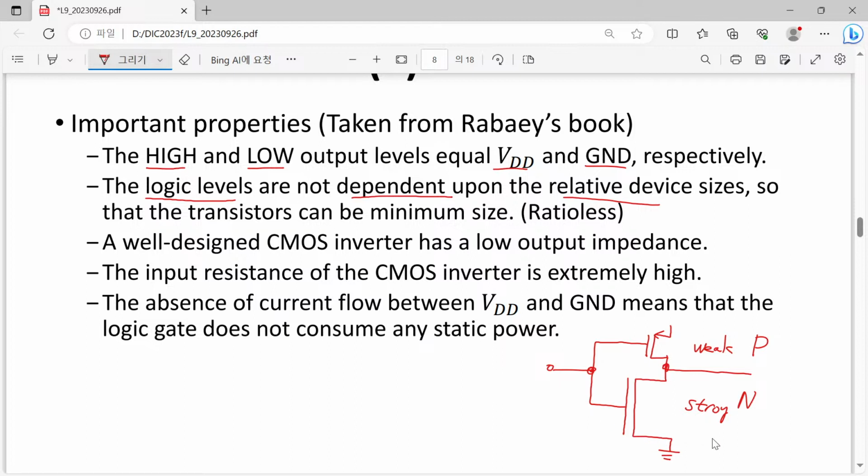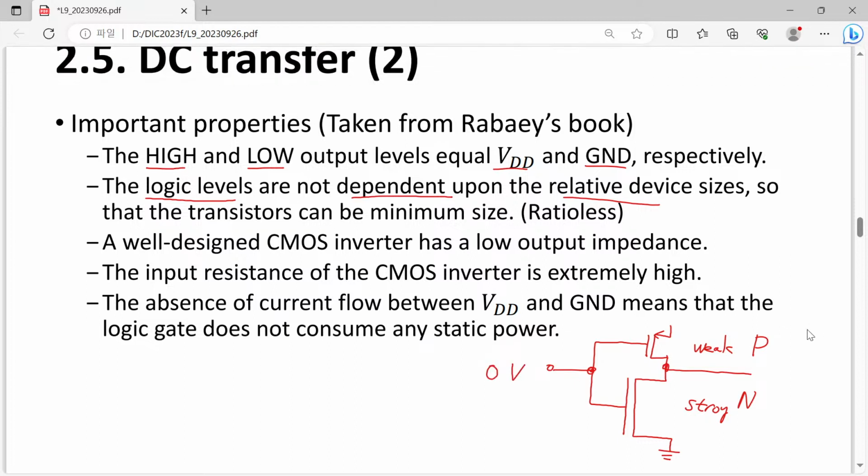Yes, everybody understand. For example, the N MOSFET is 100 times stronger than this weak P MOSFET. Now we apply 0 volt. Then what will happen? What is your expectation about your V out?